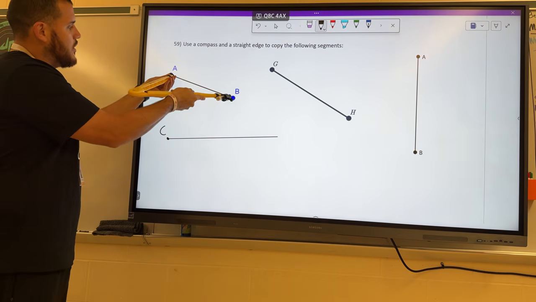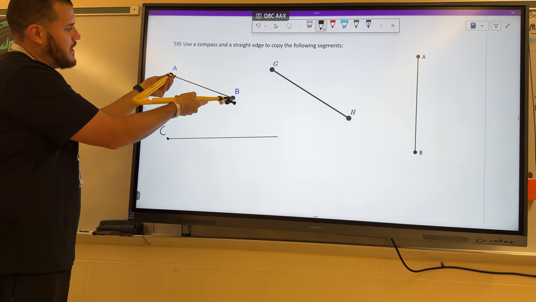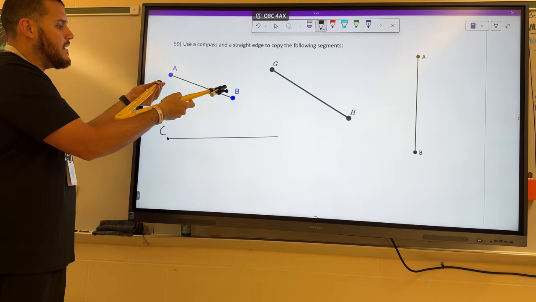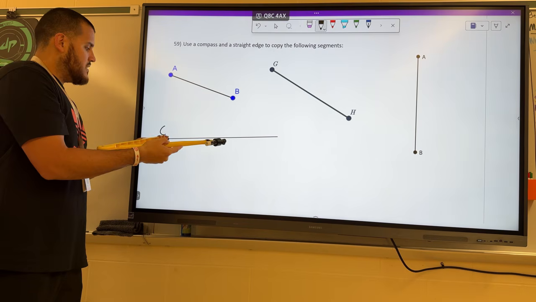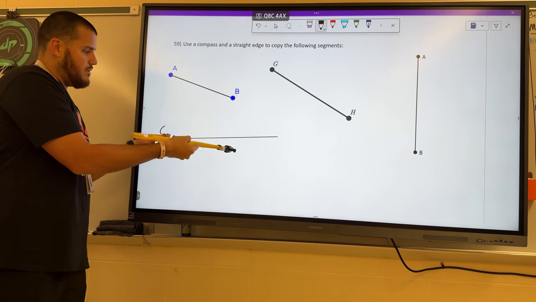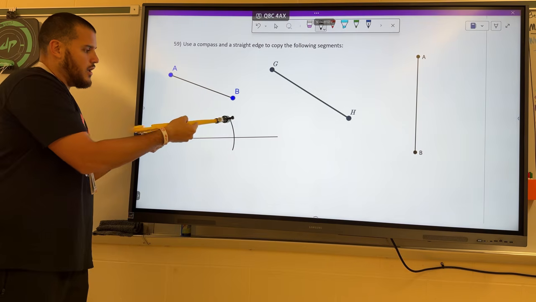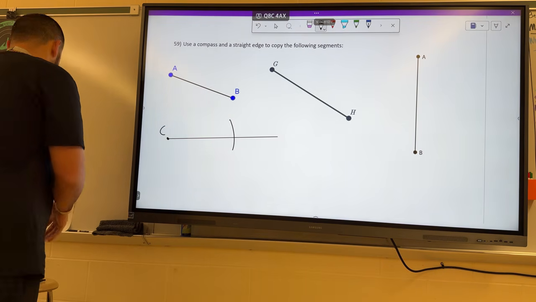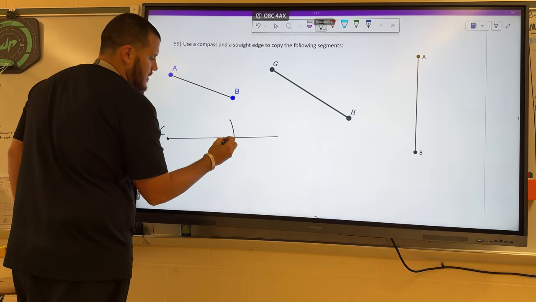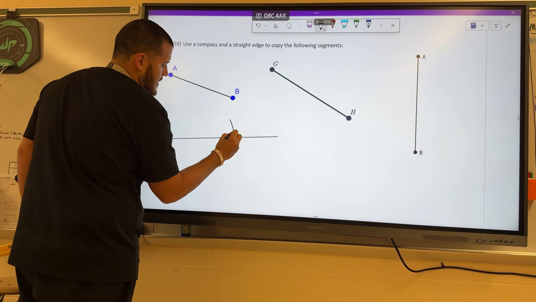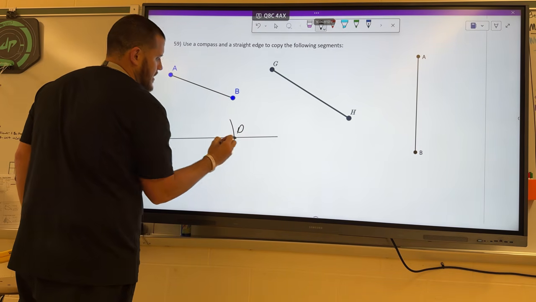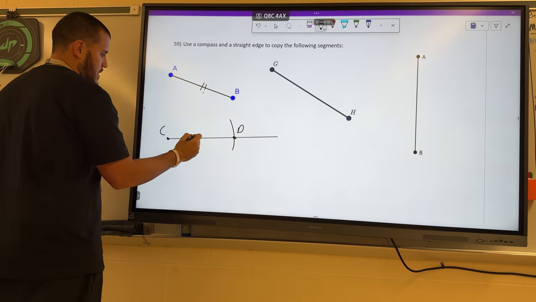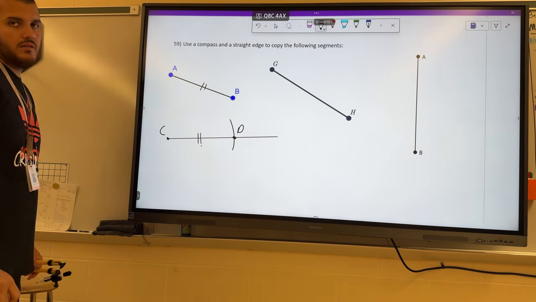The pencil would go on the other endpoint. I would try to get that measurement exactly. And then I would just carry that down here to my new segment. I put my compass on my endpoint C. I would make an arc through my segment, and I would label the intersection there of that segment. I'm going to label that point D, and that segment AB would be congruent to segment CD.